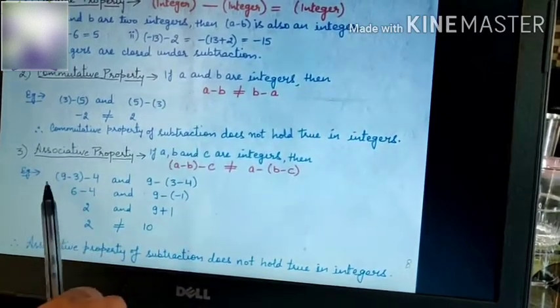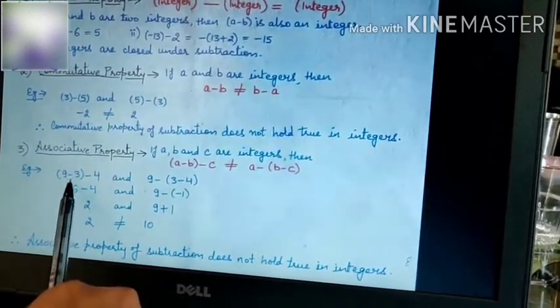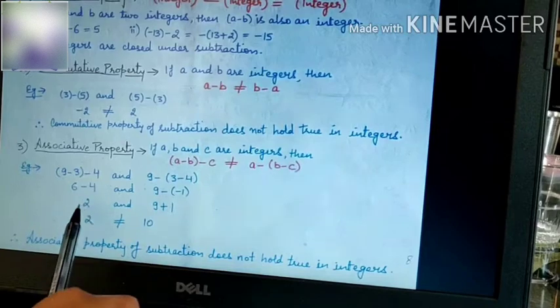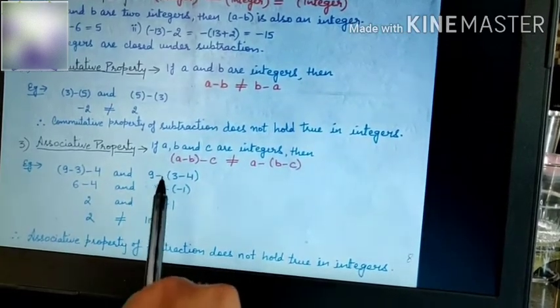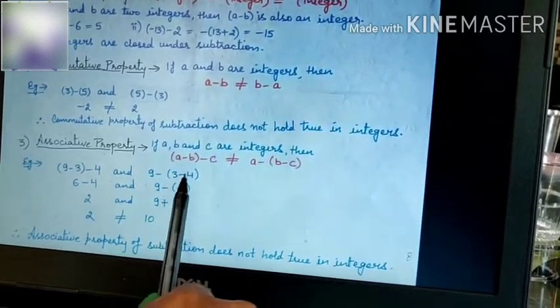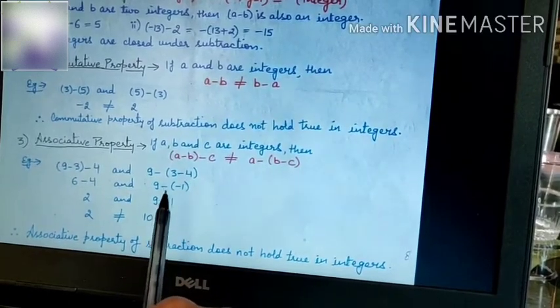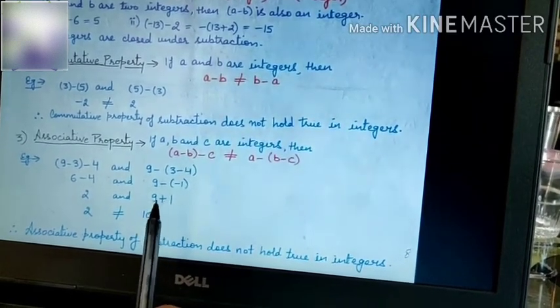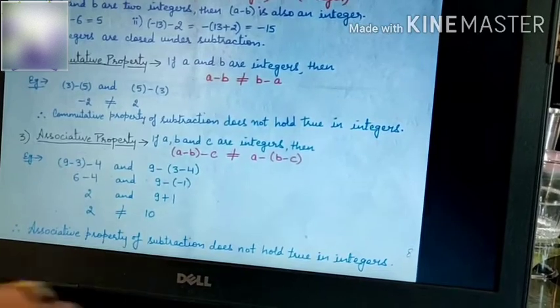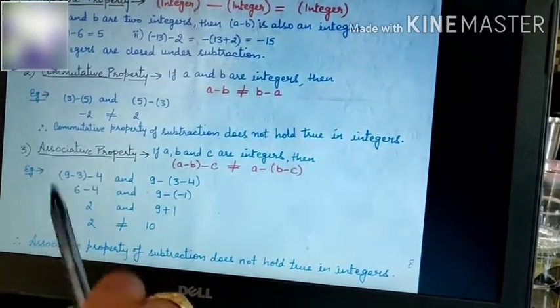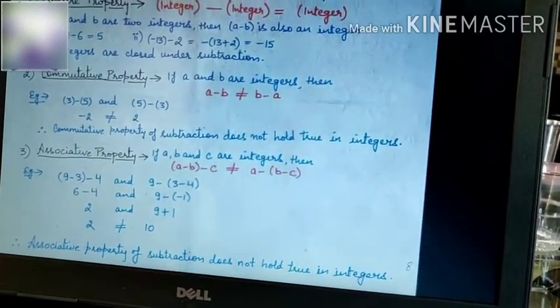According to left hand side, 9 minus 3 in bracket, 9 minus 3 is 6, 6 minus 4 is 2. Here 9 minus, in bracket we have 3 minus 4, 3 minus 4 is minus 1, minus and minus will become plus, 9 plus 1, 10. So 2 is not equal to 10, right? So associative property of subtraction does not hold true in integers, right?